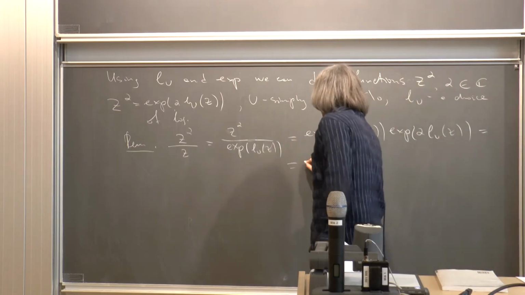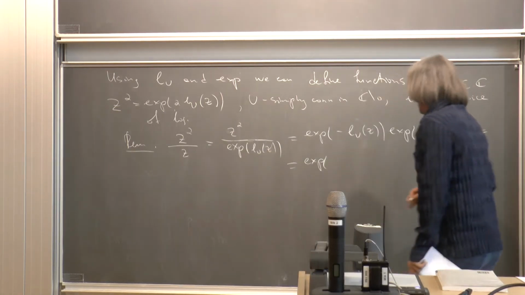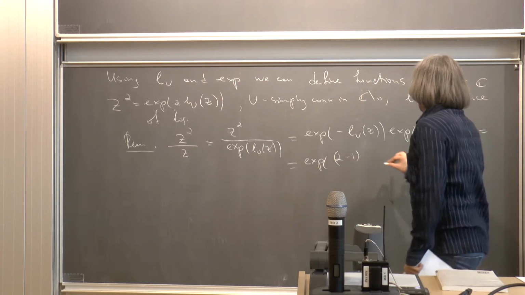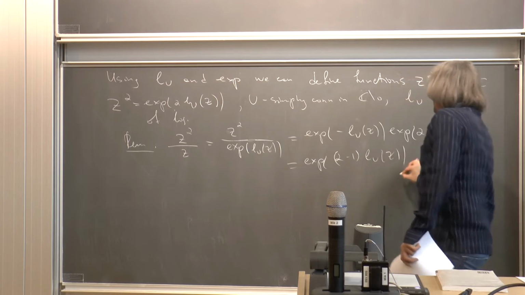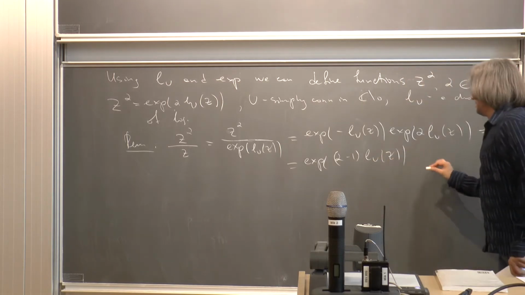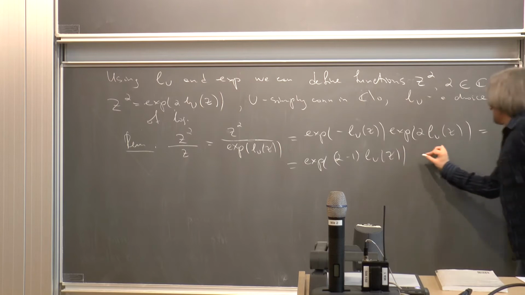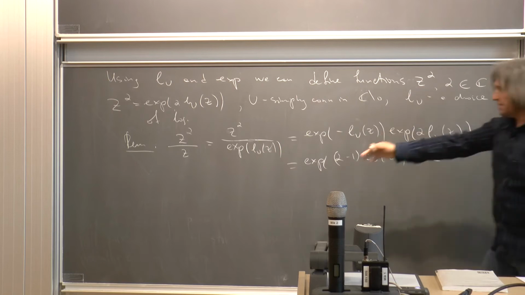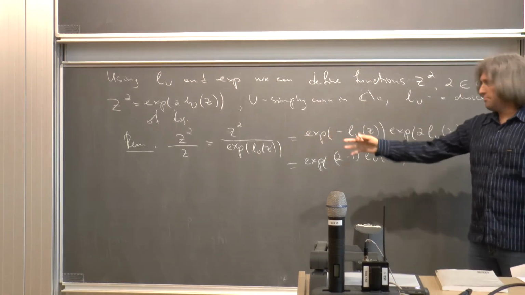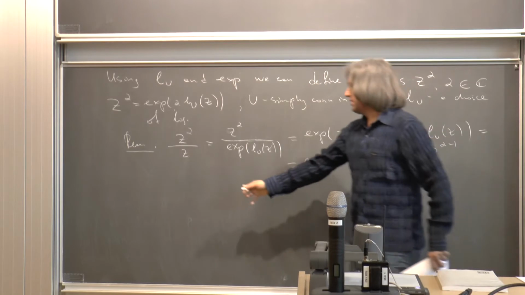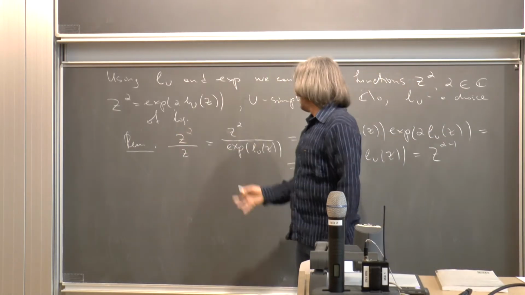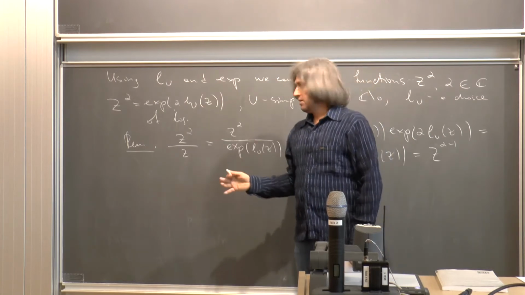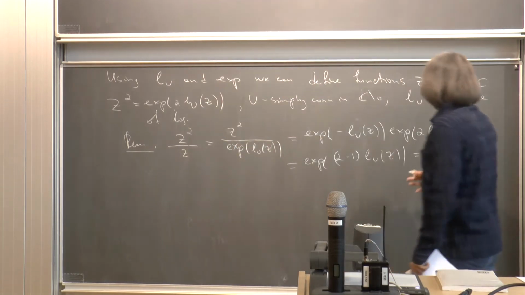This is exp of alpha minus 1 times L_U of z. And we agreed that this is just z to the power alpha minus 1. So see, the notation matches. In principle, this is some random strange expression and depends a priori on the choice of logarithm. If we divide it by z, then we'll get a similar expression.